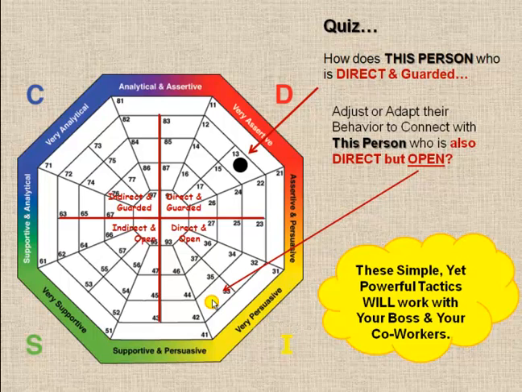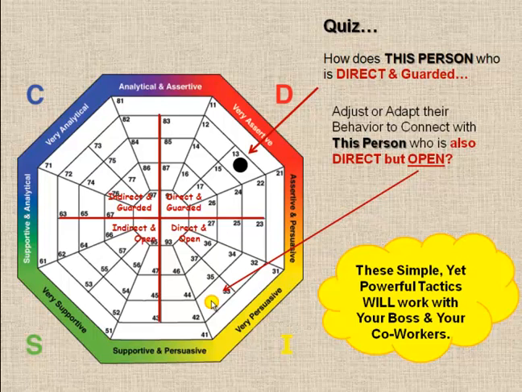So if this person wants to improve his or her connections with this person, they're, again, both direct. The only difference is this person needs to become less open and more guarded, because that's how this person likes to be connected with, which is different than this person.